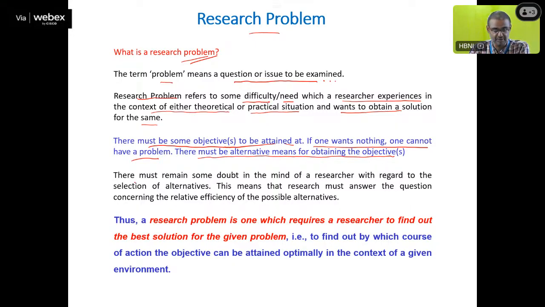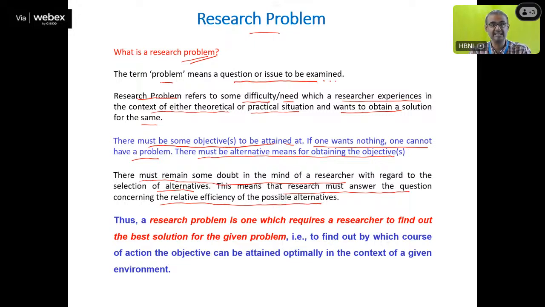There must remain some doubt in the mind of a researcher with regard to selection of alternatives. While selecting the alternatives, doubts will come, and this means the researcher must answer the question concerning the relative efficiency of the possible alternatives.